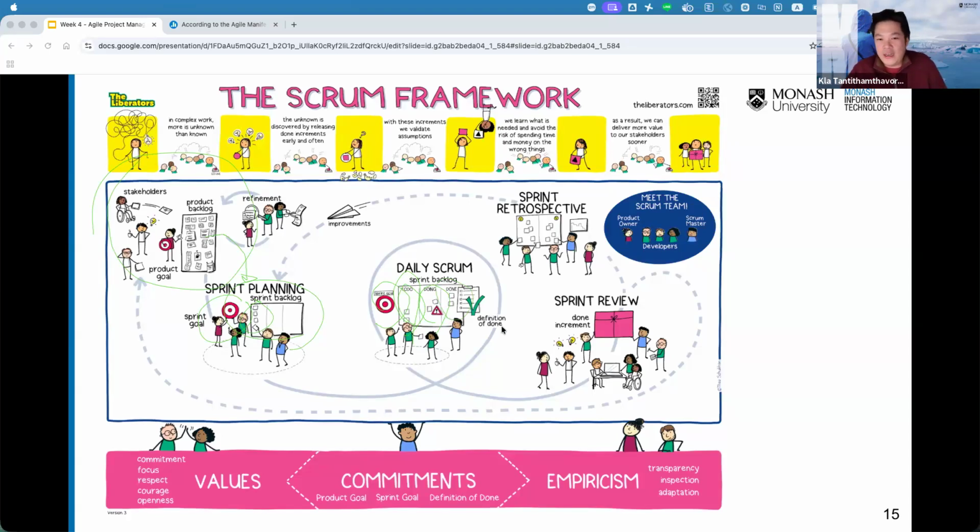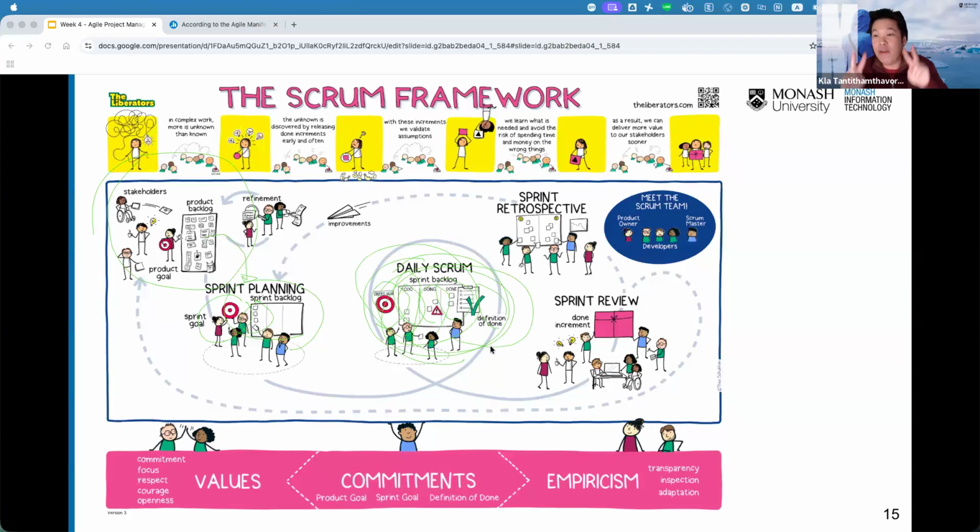You already defined the definition of done, as I mentioned before. Once you finish the implementation, it isn't considered done. It should be considered done once you meet the definition of done.